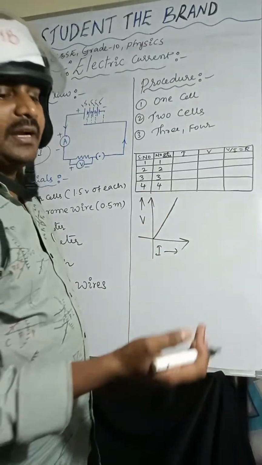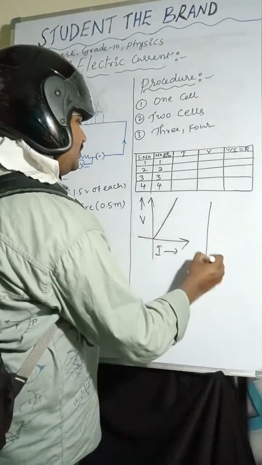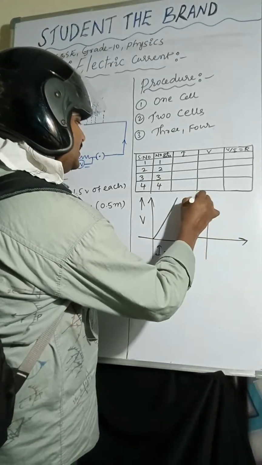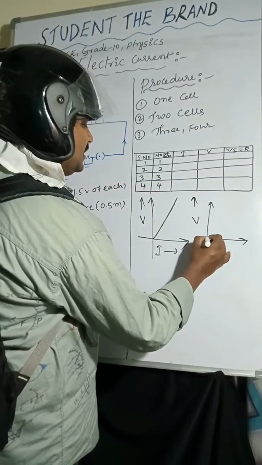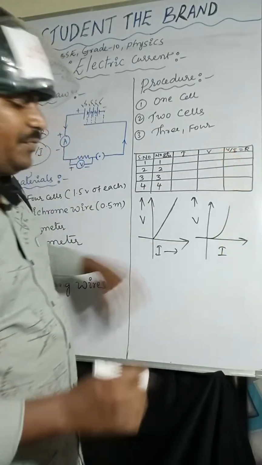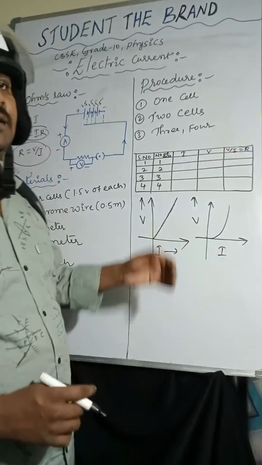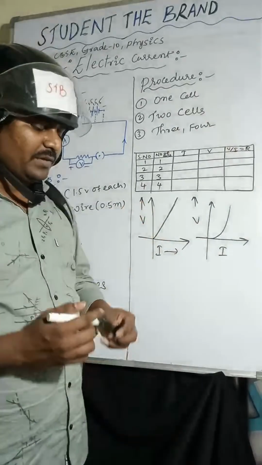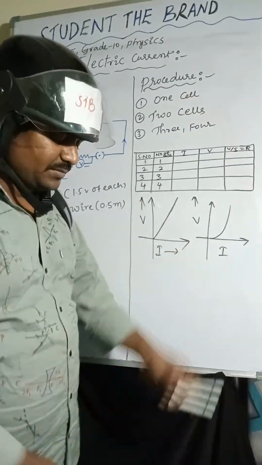For non-ohmic conductors, V on the y-axis and I on the x-axis, the graph is curved. For ohmic conductors, the graph is linear. For non-ohmic conductors, the graph is curved.